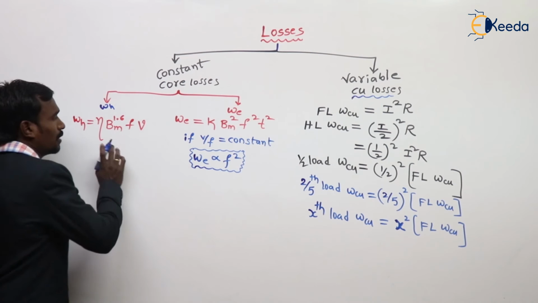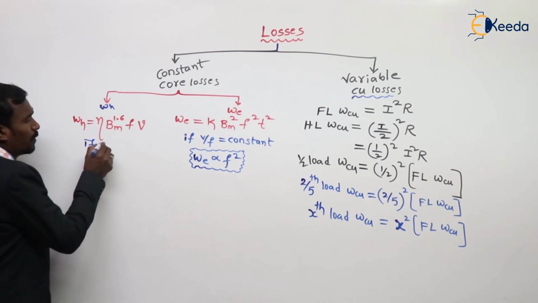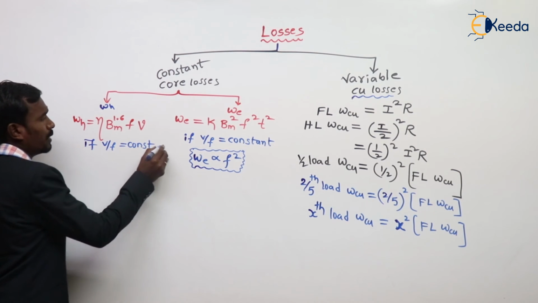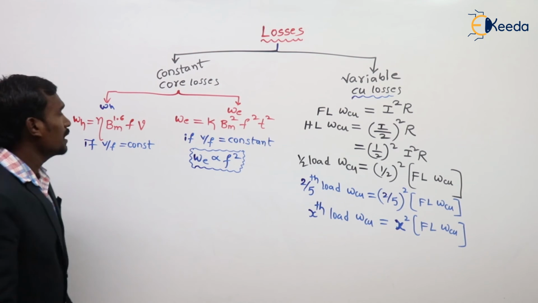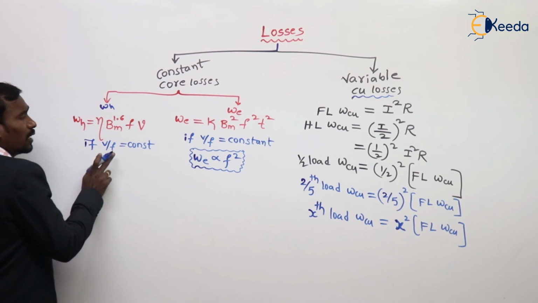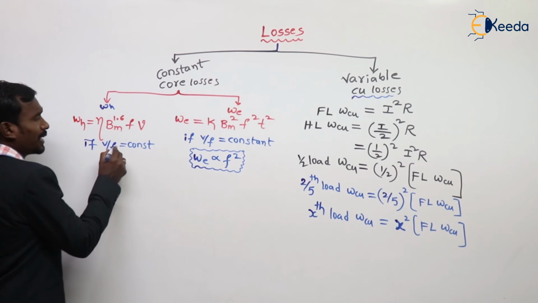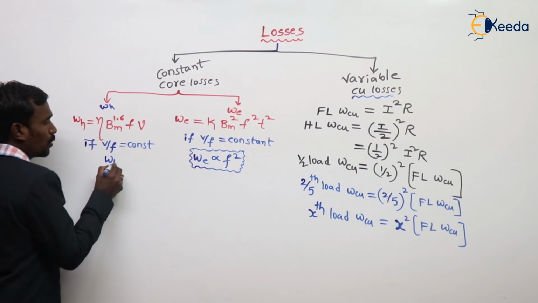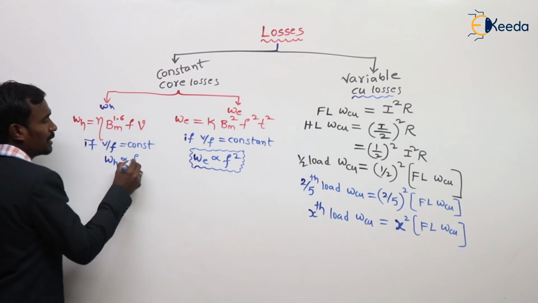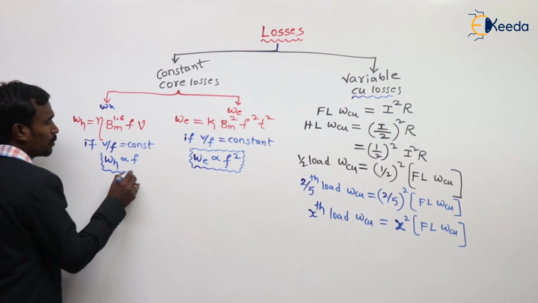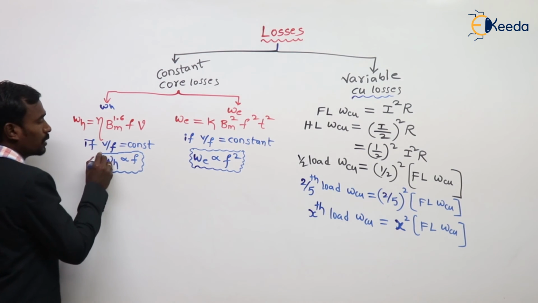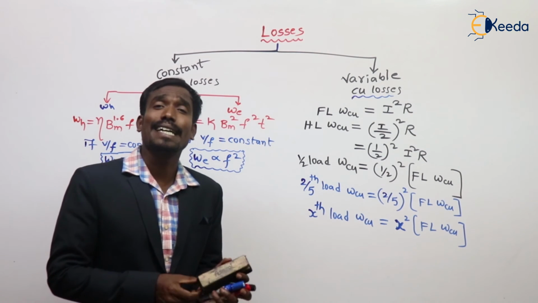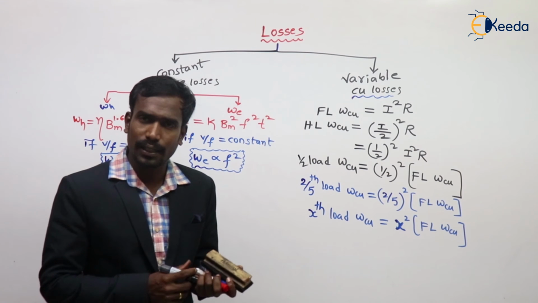For example, if the V by F ratio is constant, eta is already constant. If V by F is constant, I said B maximum is constant and volume is constant. So when V by F is constant, hysteresis losses are also directly proportional to frequency.